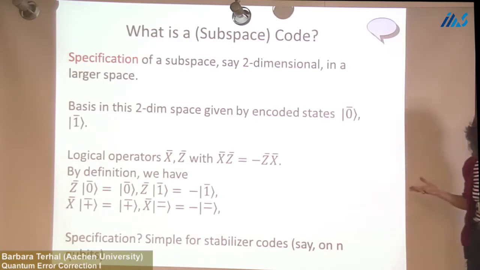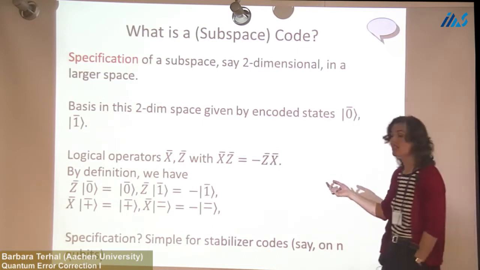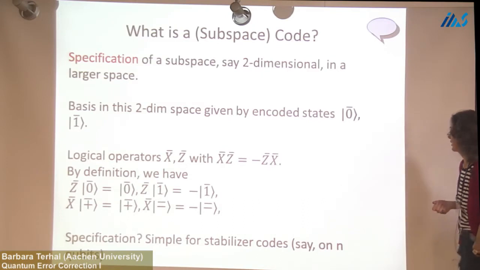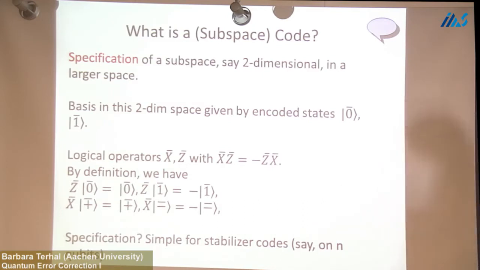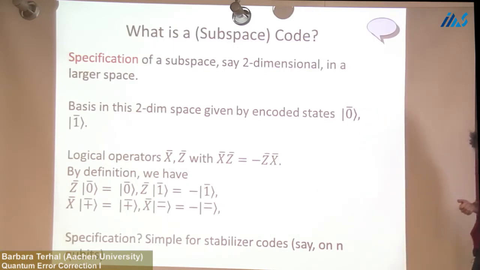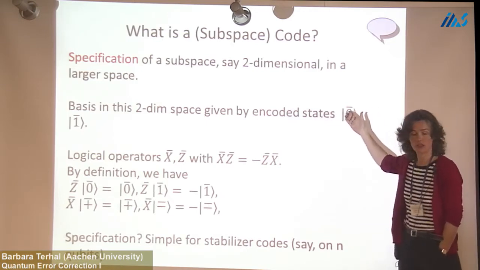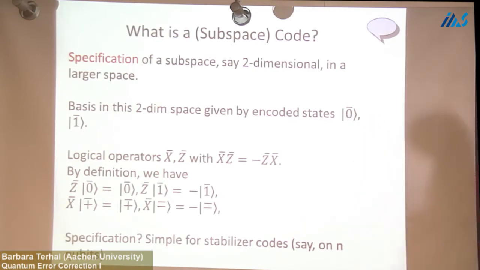And so this is where the stabilizer code formalism is very useful, because this specification is very simple for stabilizer codes. Because in fact, for stabilizer codes, we do not write down these code words, but we write down the operators that have these code words as +1 eigenvectors.